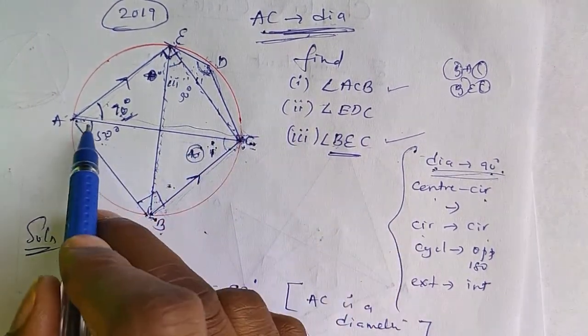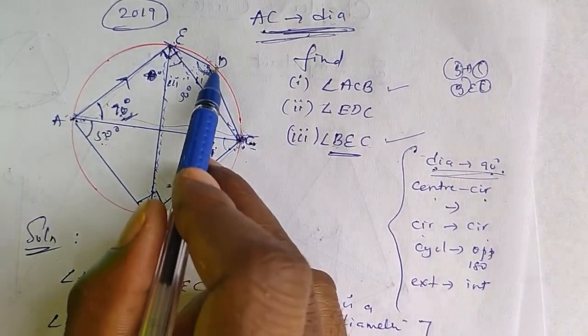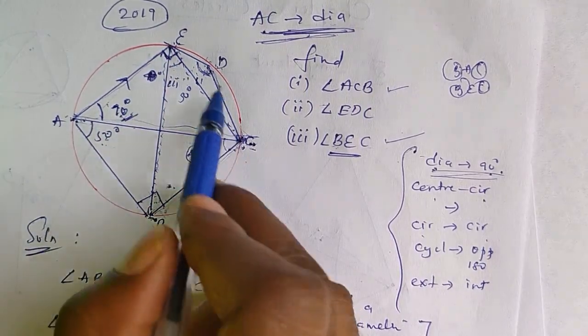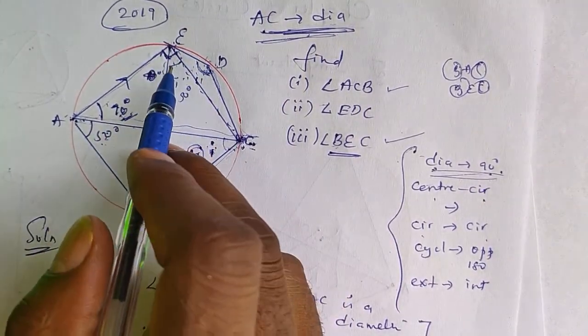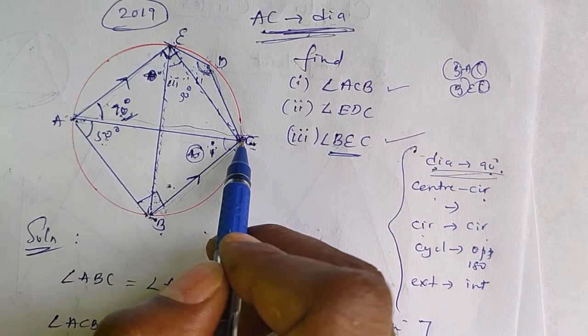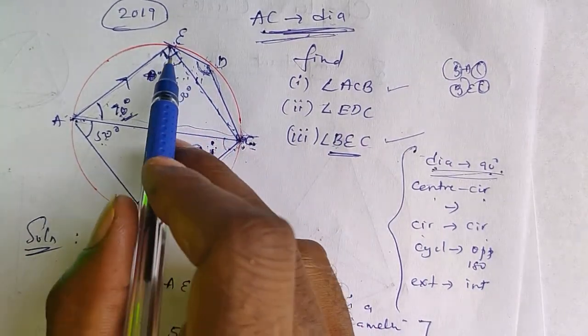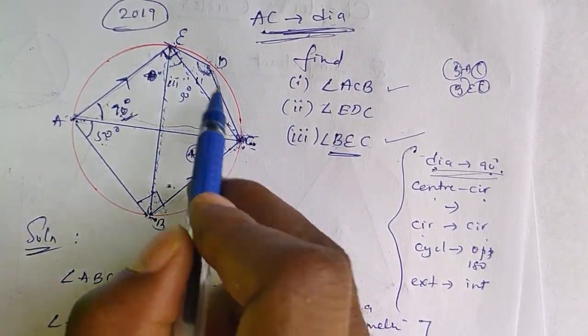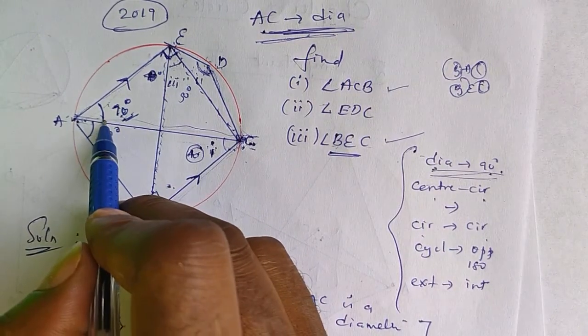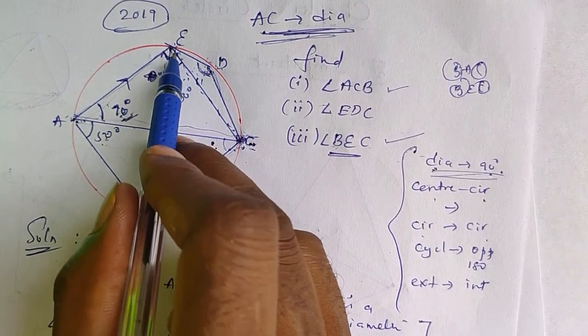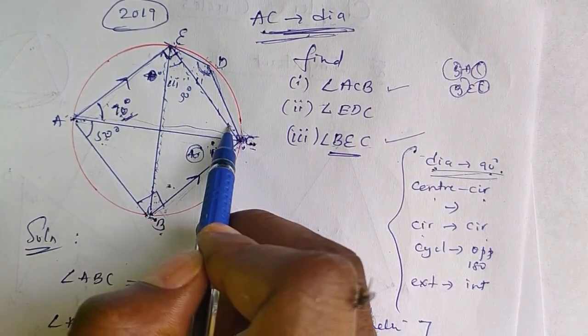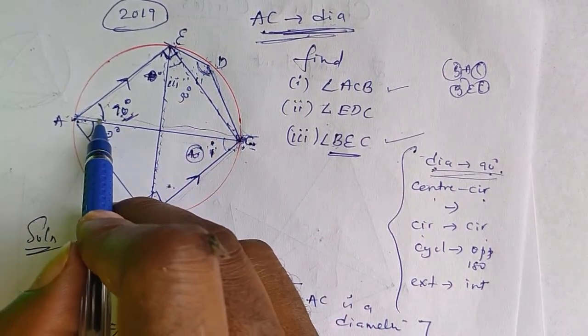A, C, D, E are ends of the quadrilateral lying on the circumference. Once ACDE is a cyclic quadrilateral, E angle and C angle are totally equal to 180 degree, D and A are equal to 180 degree.